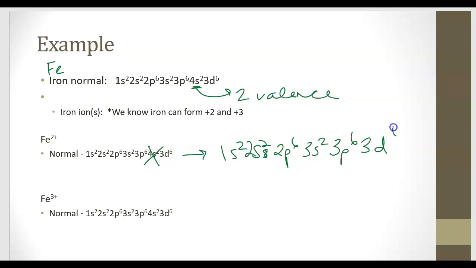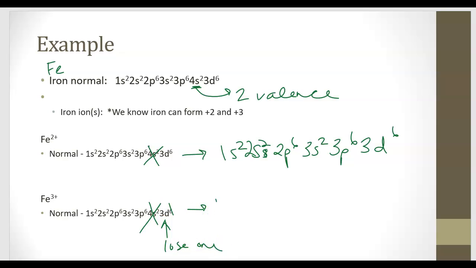3p6, and then 3d6. Now the other option is that we can also lose d-level electrons. We'll lose these in order to make it more stable, so it's more stable whenever it is half full or completely full. And so in this case, what we find is that to form the iron 3 or the ferric ion, we will lose the 4s2, and then we will also lose 1 from the 3d level.